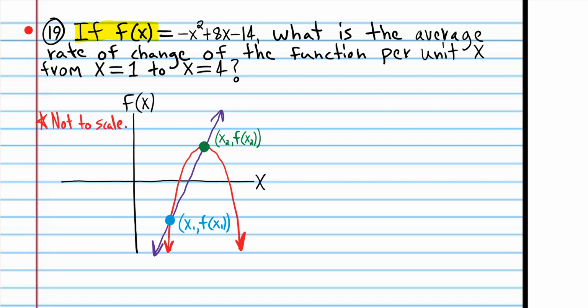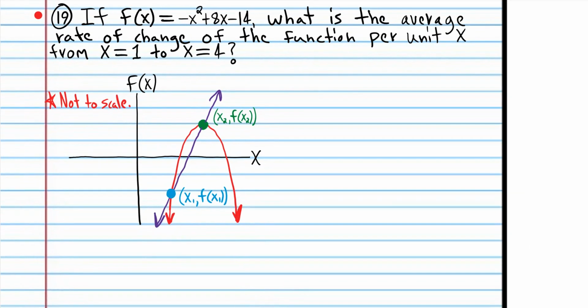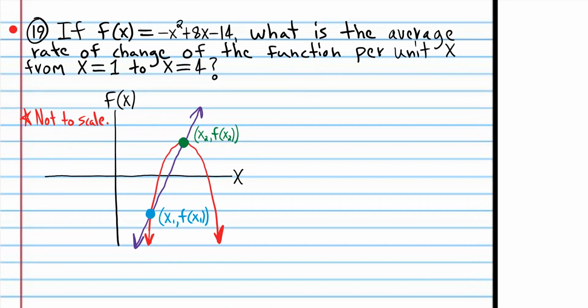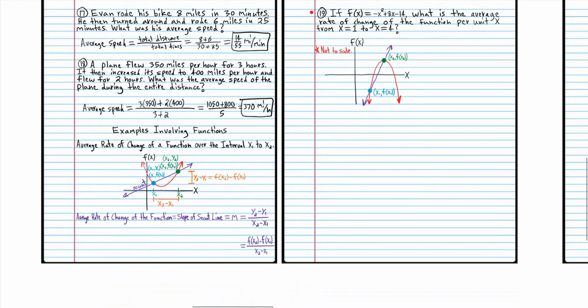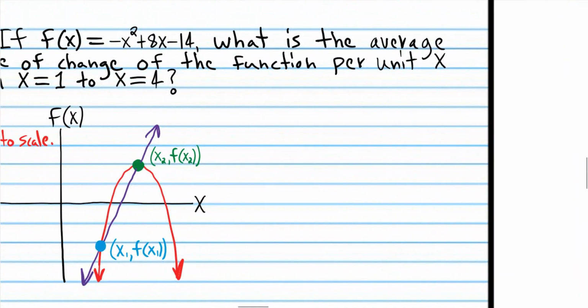It says if f of x is equal to this expression, what is the average rate of change of the function per unit x from x equals 1 to x equals 4? So we're looking for the average rate of change of the function, and we can call that whatever you want to call it.